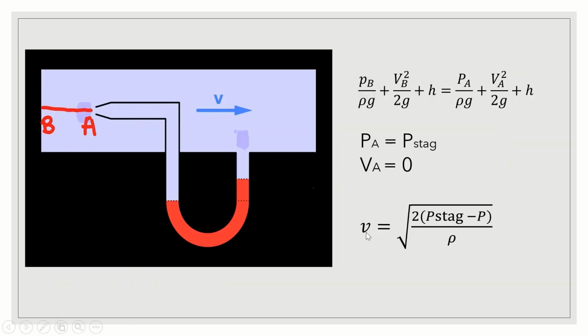So this V is actually the V max we are measuring at the center line of the fluid, right? So this is how we can calculate the velocity at the point, usually at the center line of the pipe.